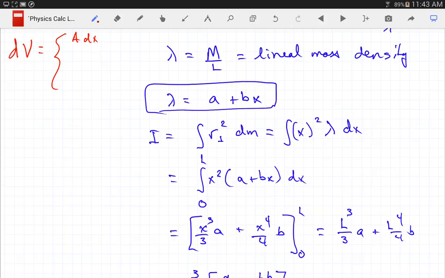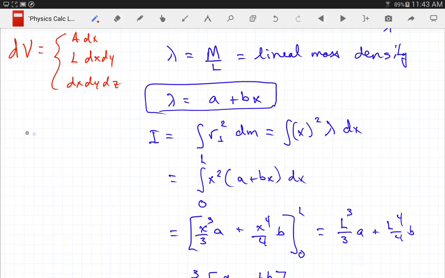If it's two dimensions, if you have variation in two dimensions like x and y, then we put dA equals dx dy. And if it's, of course, three dimensions of change, then you would have dx, dy, dz.